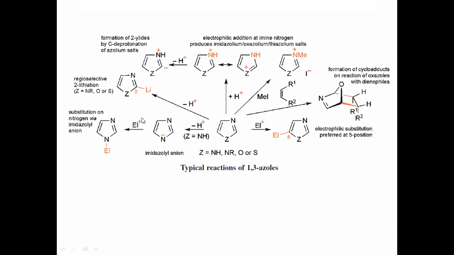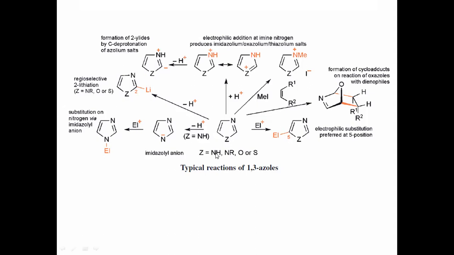And if you add an electrophile, it will go to the nitrogen. So electrophilic substitution takes place at two positions, nitrogen as well as carbon number 5. So this is the basic idea. Fine.